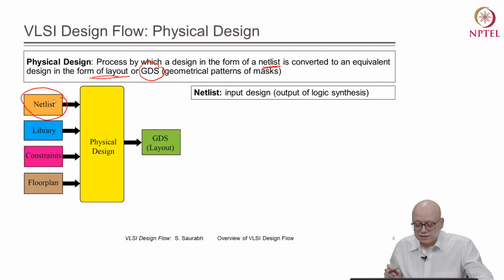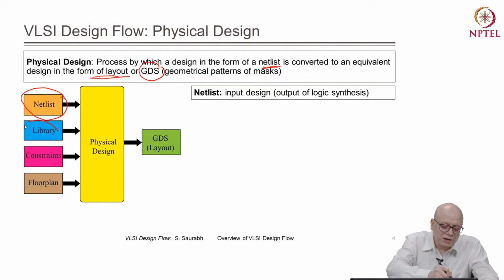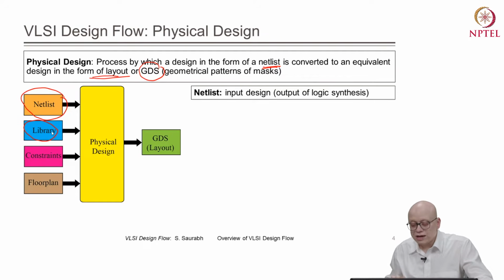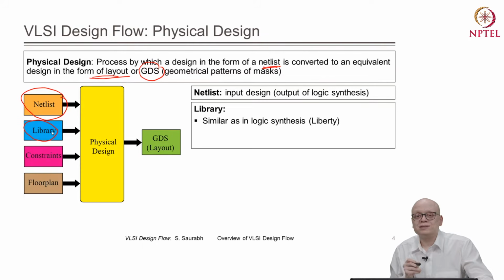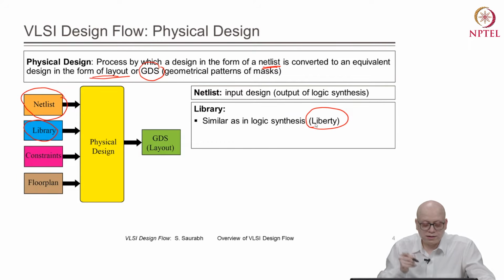And the cells that are in this netlist, those are standard cells or cells picked from the technology libraries, and therefore, to comprehend a netlist, we also need to give the library, the technology library that we have used during logic synthesis, and this library is typically in a Liberty format, right.